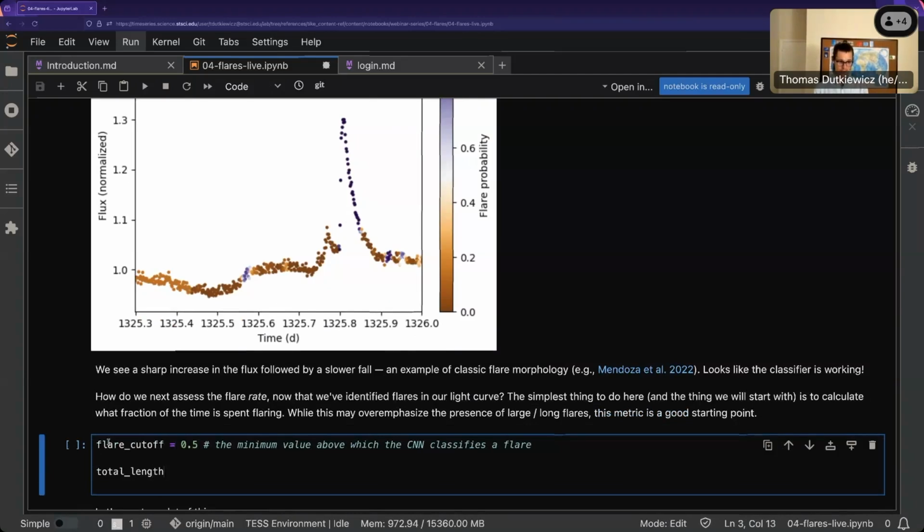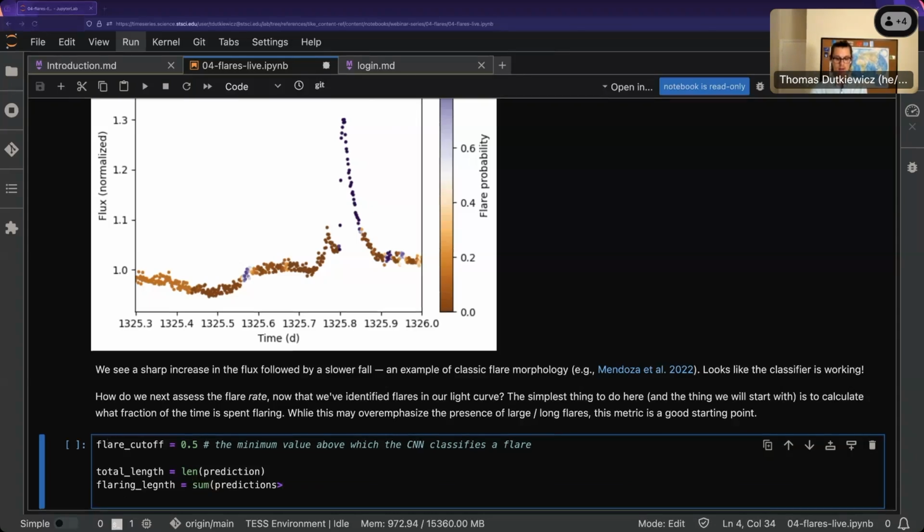The total length is just the length of the prediction. The flaring length is, I'm going to try something slightly different here than my notes, actually just the sum of all the places where the predictions are greater than the flare cutoff.